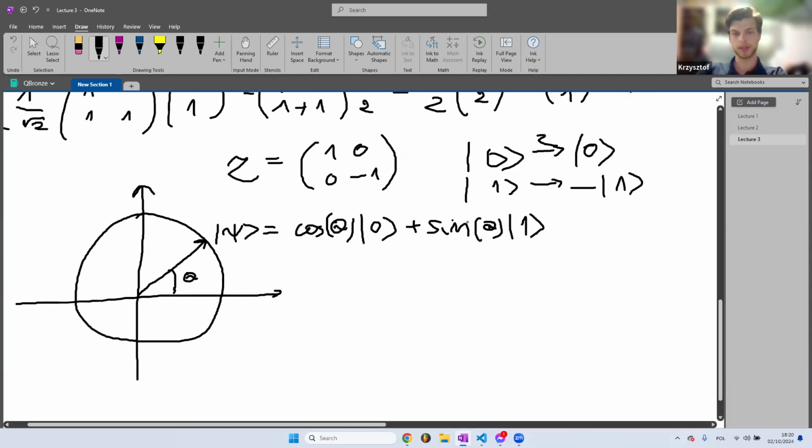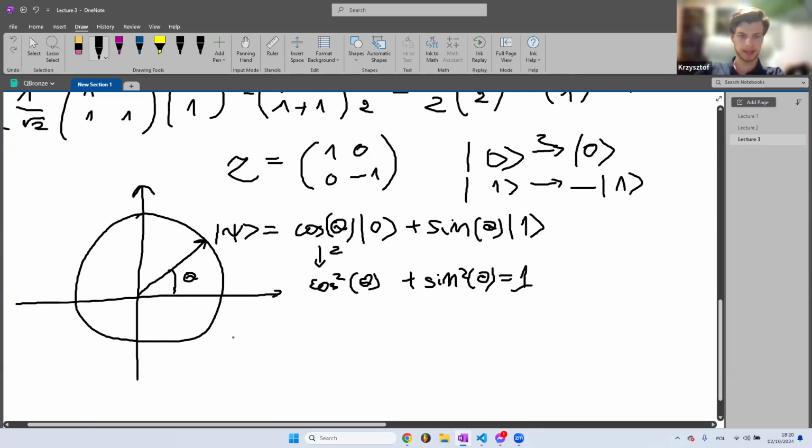And you can also confirm that this is a valid state because cosine squared of theta plus sine squared of theta is equal to 1. And this is how we defined our proper quantum state before.